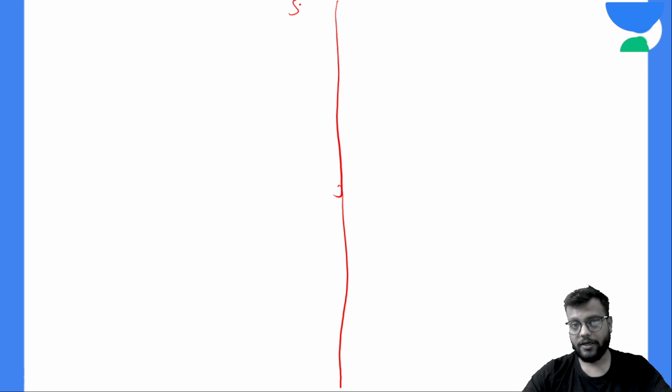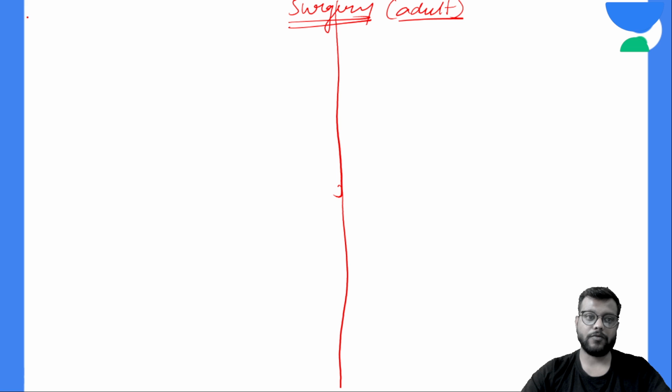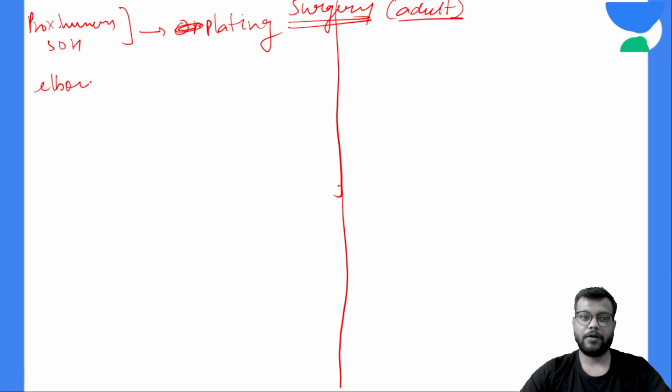So let us discuss some very important surgical treatments of choice in the adult age group. Starting from the humerus, proximal humerus or shaft of humerus, the treatment of choice will be plating, which is ORIF. Elbow, it is plating again.